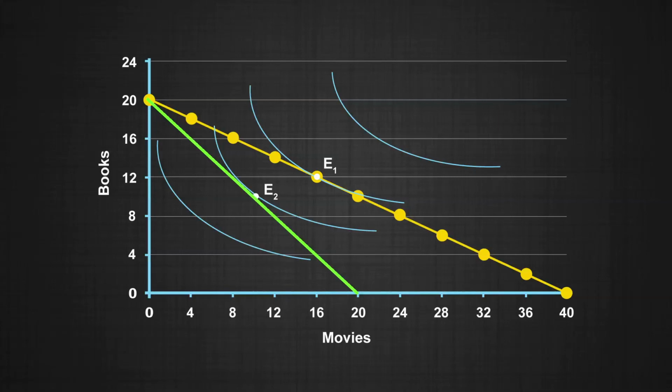He now consumes only 10 movies and 10 books rather than 16 and 12. Notice that the number of movies consumed has gone down as the price of movies has gone up. This forms the basis of the theory of demand that you will study in subsequent modules.